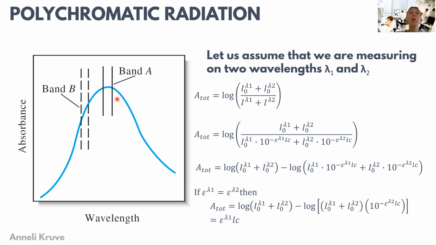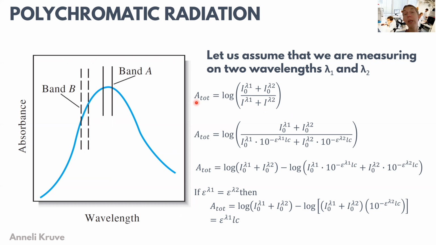So the question could be, would it be better to measure here at the maximum of the spectrum, or would it be better to measure here at the slope of the absorption peak? And this actually is directly related to the fact that Beer's law applies to monochromatic light.